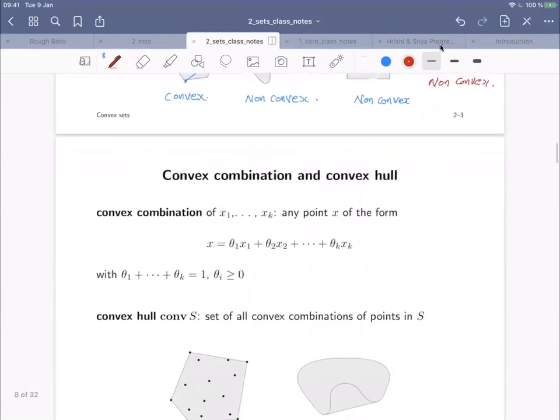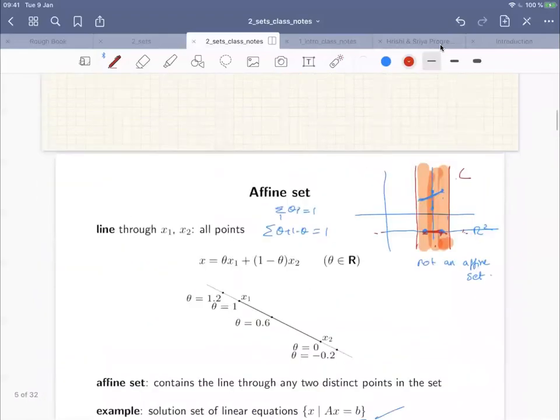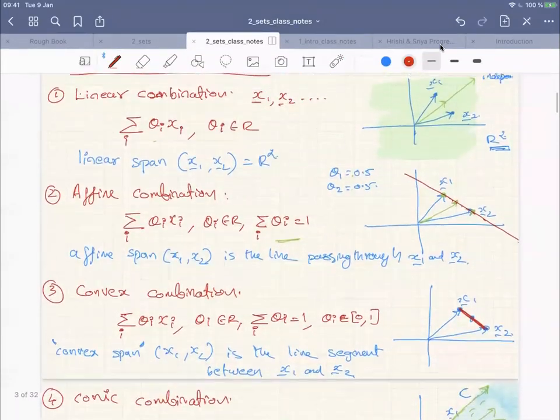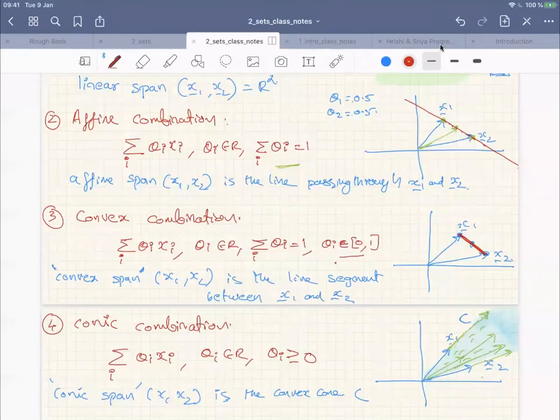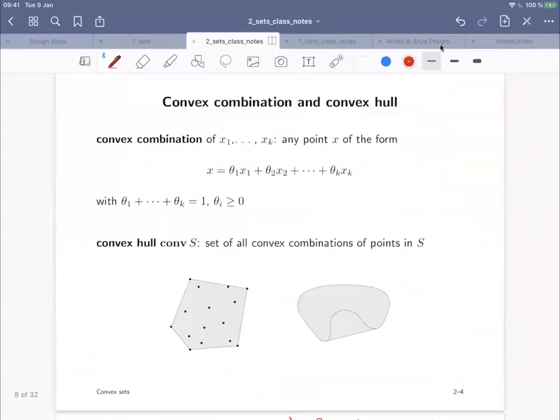So we already saw what is a convex combination, right? This is a weighted sum where the weights theta_i add up to 1, and theta_i should be greater than or equal to 0. In the definition that we used before, we said theta has to be between 0 and 1, but these are equivalent definitions.